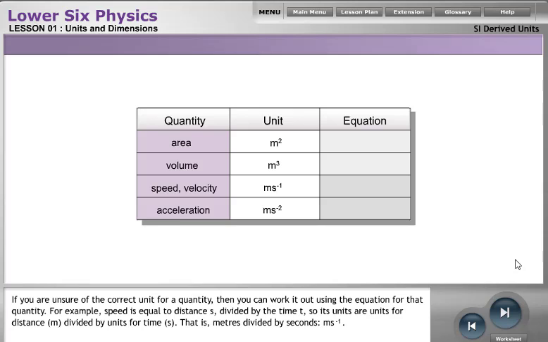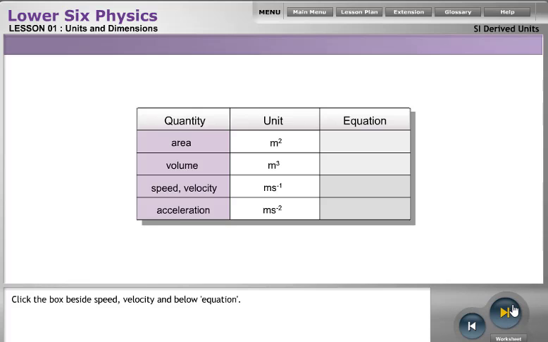For example, speed is equal to distance s divided by time t, so its units are units for distance, m, divided by units for time, s, that is meters divided by seconds, meters per second. Click the box beside speed, velocity, and below equation.